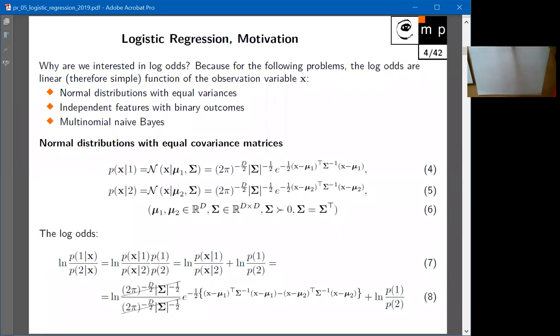Now, coming back to the slides, let's have a look at this odds ratio. In logistic regression, we want to model the log odds. So we'll take the fraction, formulas 4 and 5, and the logarithm. First we use the rule for logarithm: log of a product is a sum of logarithms. We notice that because the covariance matrices are equal, the normalization factor cancels out.